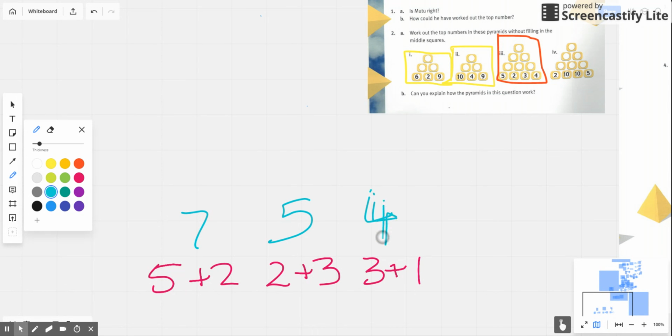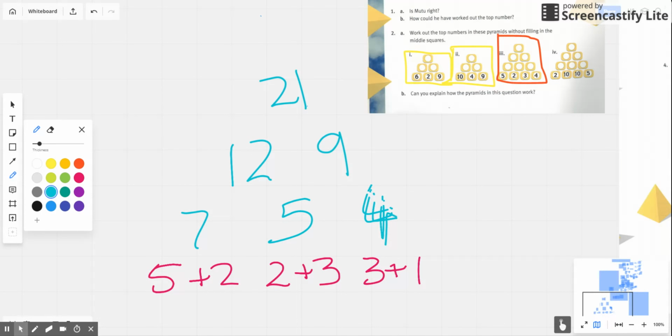Right, and so 7 plus 5 is 12, and 5 plus 4 is 9. Alright, and we add those two together, and we go 9 plus 12 is 21.